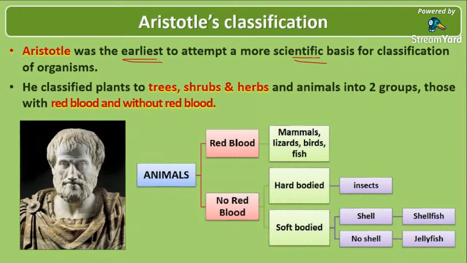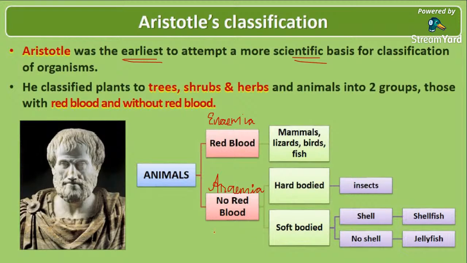And he classified animals into two groups: animals that have red blood and animals that do not have red blood. Animals that have red blood, he gave a name, Enaima, and animals that do not have red blood, he gave the term Anaima.